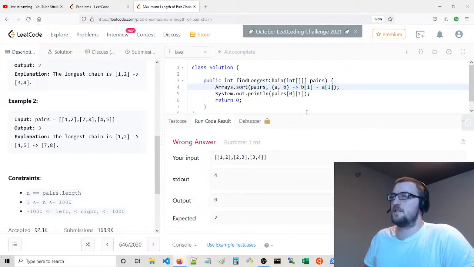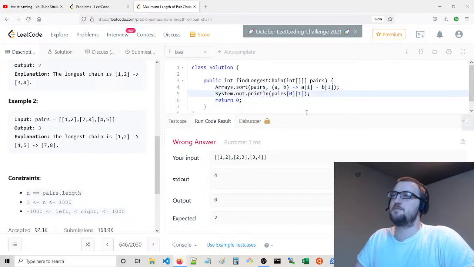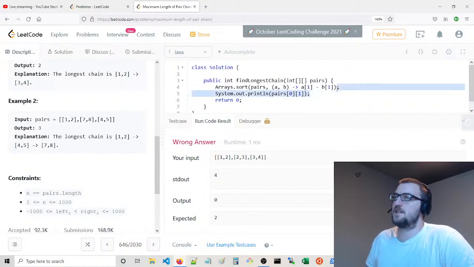So if A is less than B, you get a negative number, because if you do A minus B, that's what you want. So basically, vaguely, the sorting works: you could subtract the two values as your comparator, and that'll sort in ascending order. Okay, makes sense. Fair enough.